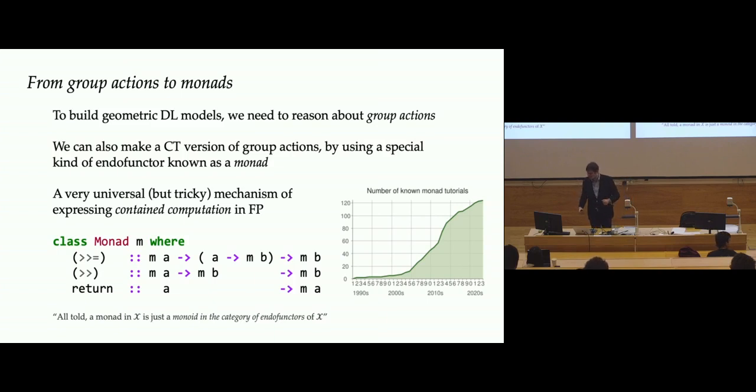I don't see what the problem is. As a result, the number of tutorials on what a monad is has been skyrocketing in the past 30 years. People are really trying to explain this concept in a way that makes sense. Hopefully, I will not add to the noise and help you a little bit there.